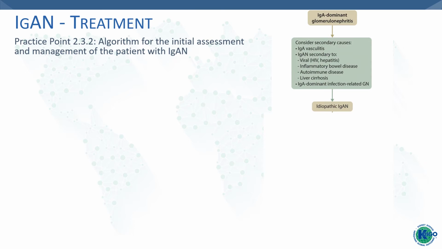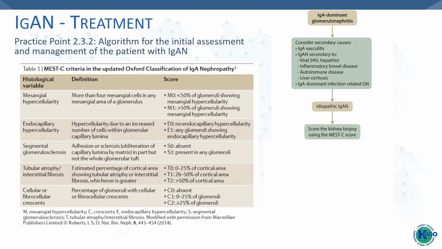Once you diagnose idiopathic IgA nephropathy, the pathologist will already have done the job of scoring the kidney biopsy according to the MEST-C score: M for mesangial hypercellularity, E for endocapillary hypercellularity, S for segmental glomerulosclerosis, T for tubular atrophy and interstitial fibrosis, and finally C for crescents.